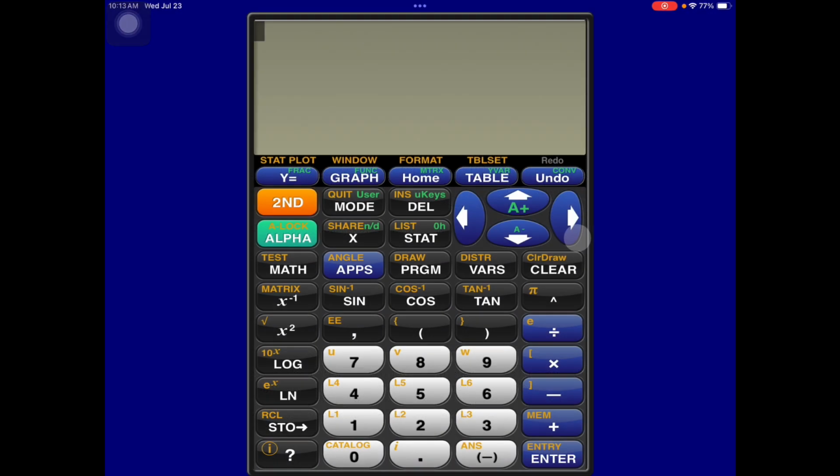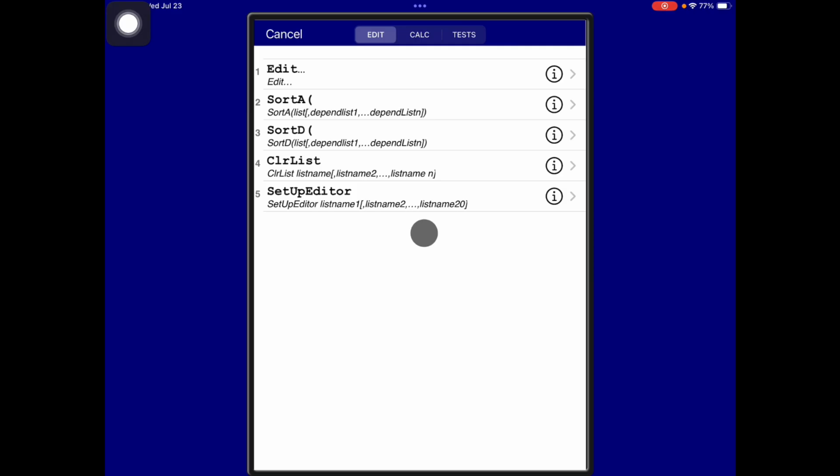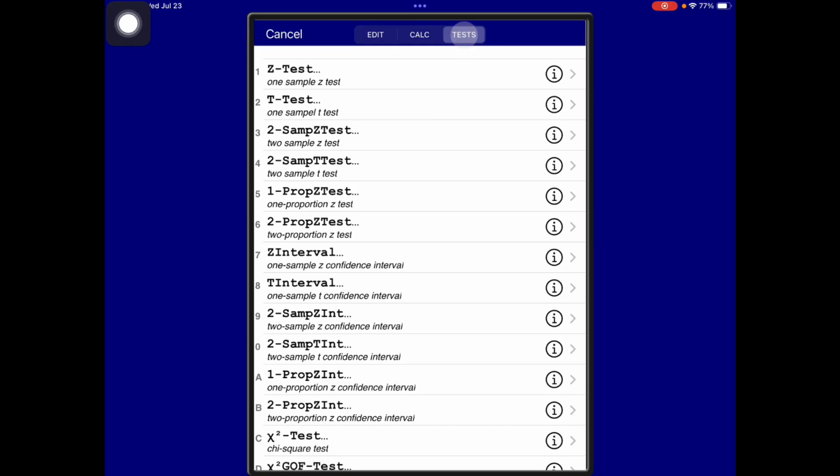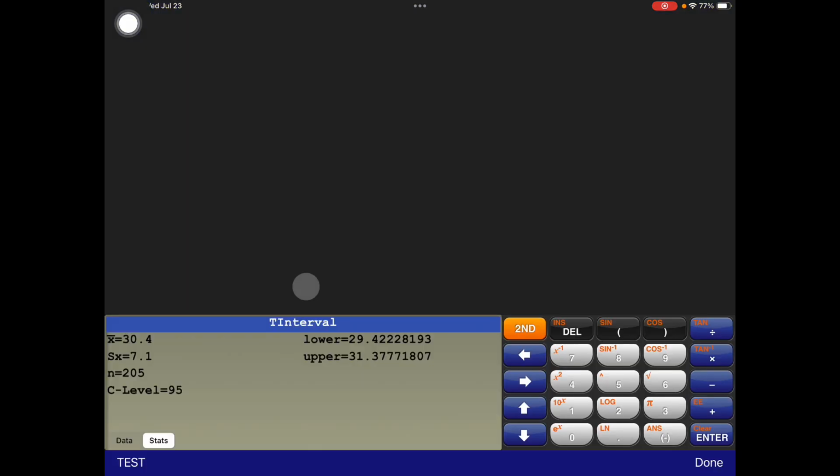On the graphing calculator, we're going to select our statistics button, or stat. From here, scroll right to test. And from here, you need to select t interval. X bar is given as 30.4. Our sample standard deviation s is given as 7.1. n is 205, and our C level is 0.95.